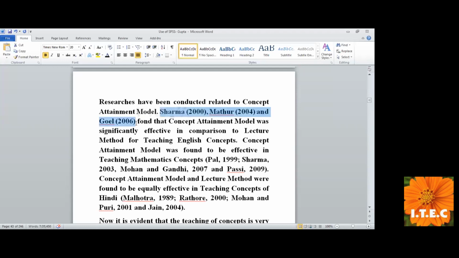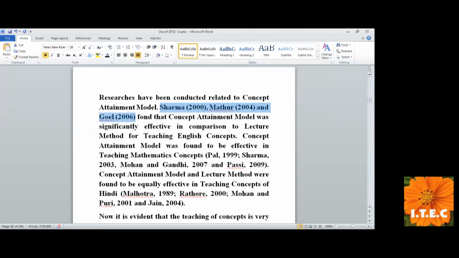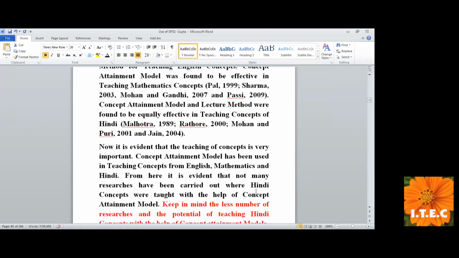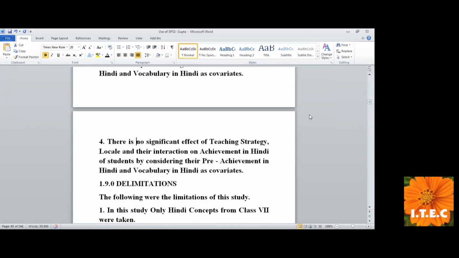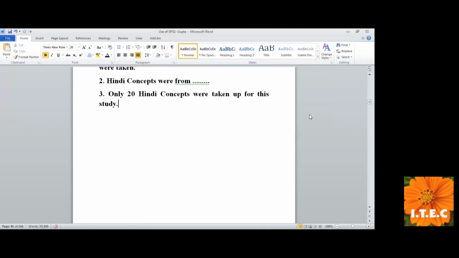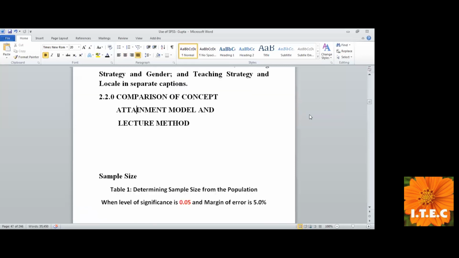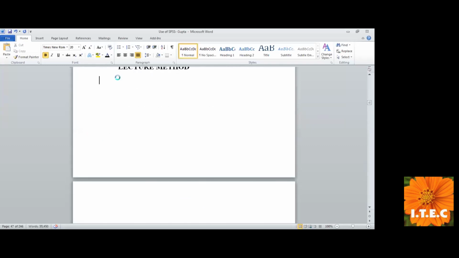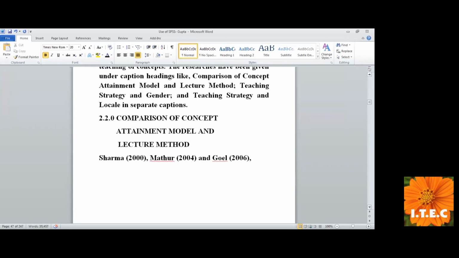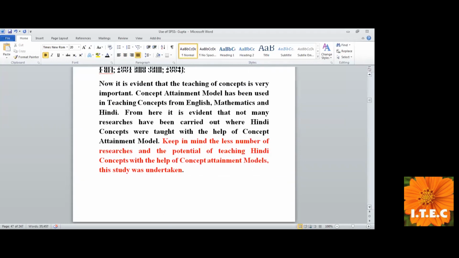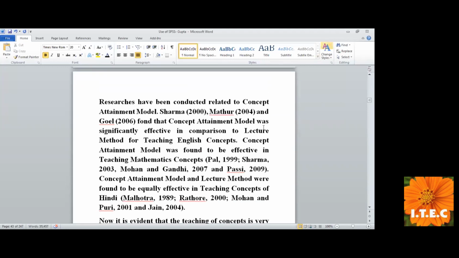These are the names I wrote. So these I have taken, and then you can take this also.